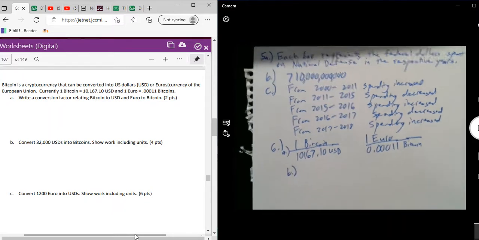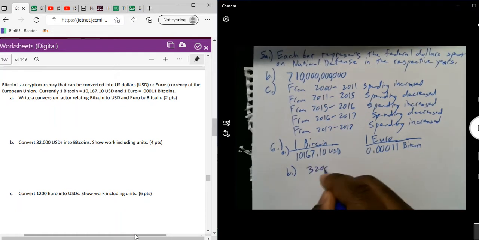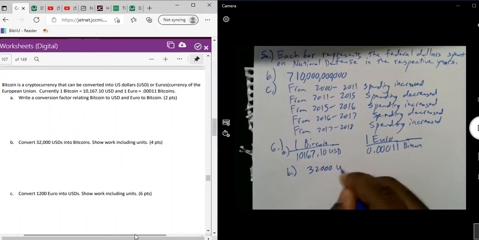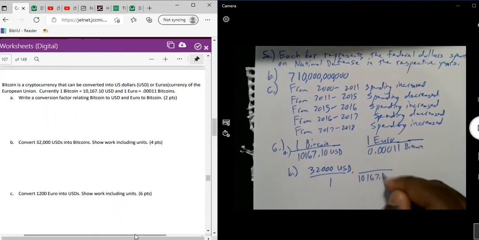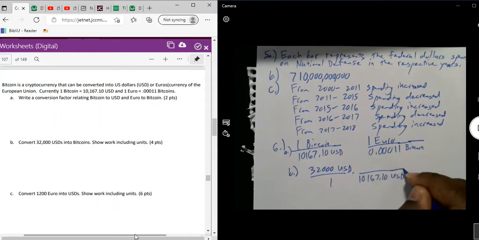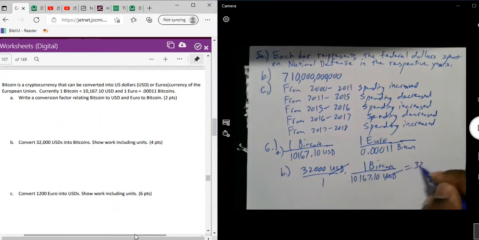Now we go with B. Convert 32,000 US dollars into Bitcoins. So we had 32,000 US dollars, and we want to convert this to Bitcoins. So we would take the 10,167.10 US dollars, and 1 Bitcoin will be in our numerator. The US dollars will simplify each other out. So this would be 32,000 over 10,167.10 Bitcoin.